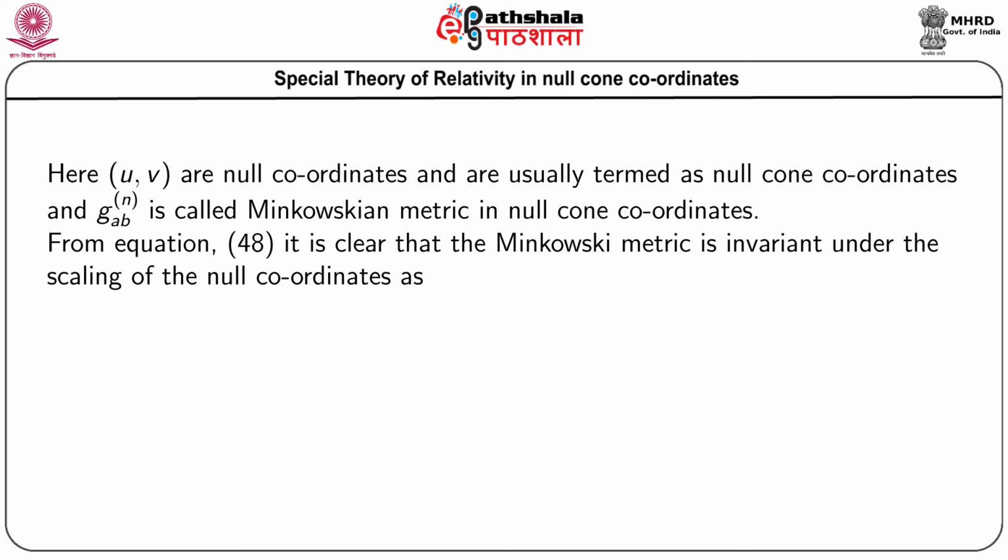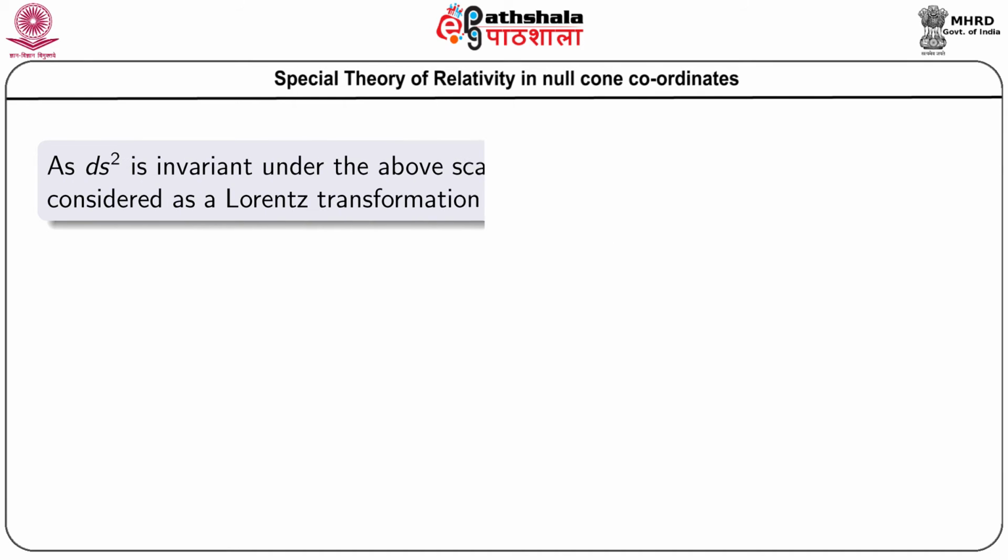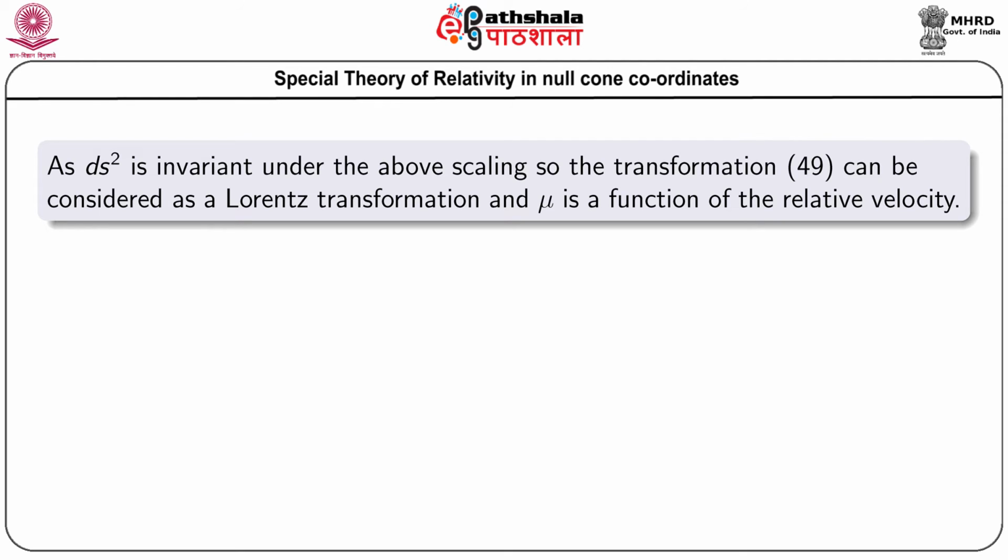From equation 48, it is clear that the Minkowskian metric is invariant under the scaling of the null coordinates, as if we transform as ũ equals μu and ṽ equals (1/μ)v. So, μ is the scaling factor, and we can easily obtain the value of μ as follows.